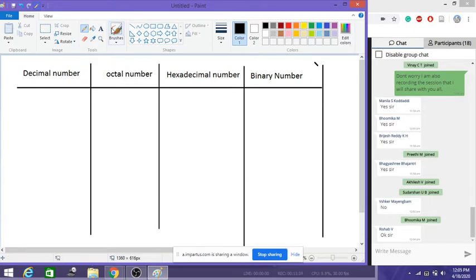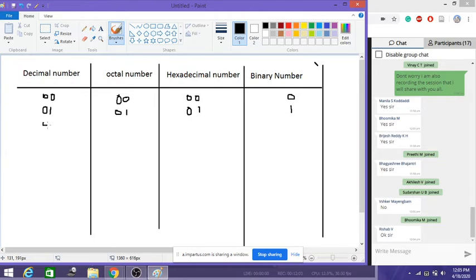Now if I write 0 0 in decimal, the octal number is also 0 0, hexadecimal is also 0 0, and binary is 0. Now in decimal if I write 1, then octal is 1, hexadecimal is also 1, binary is 1.